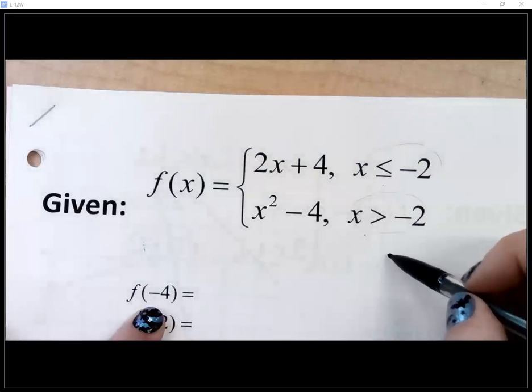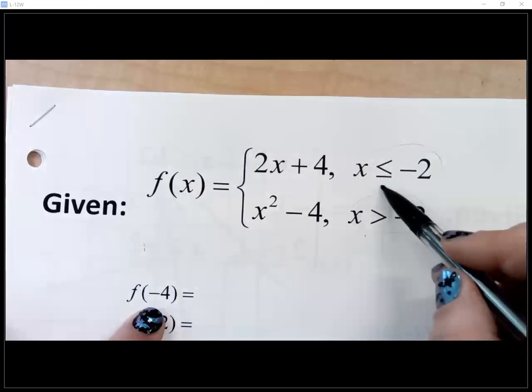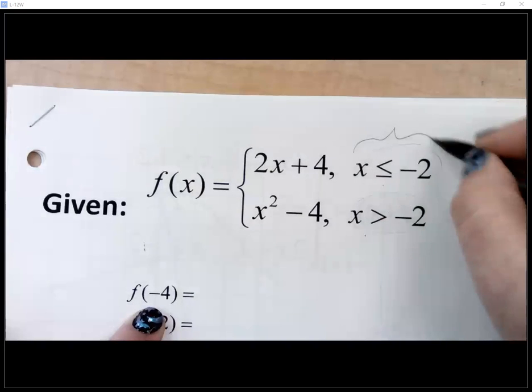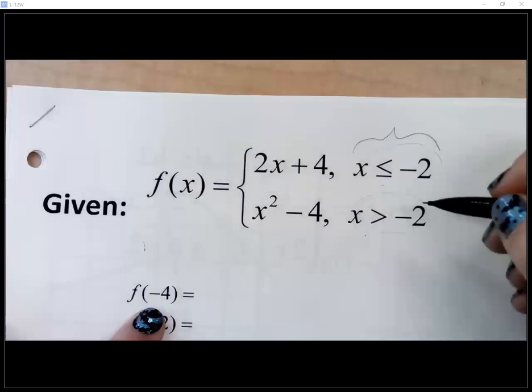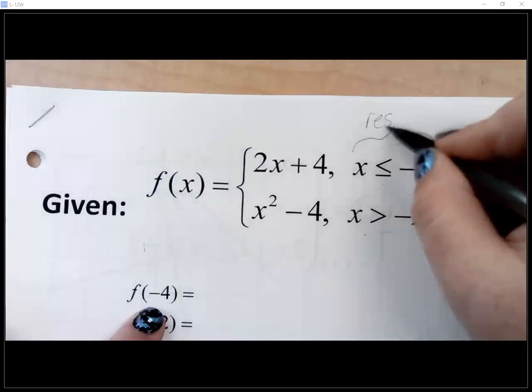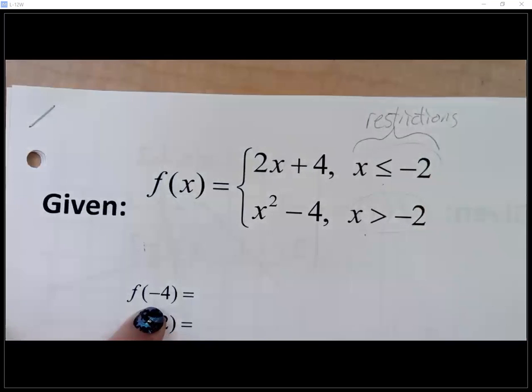The top one, right? You with me? Okay, so I look over here. These are sort of my restrictions. I have to look over here and see which piece it applies to.